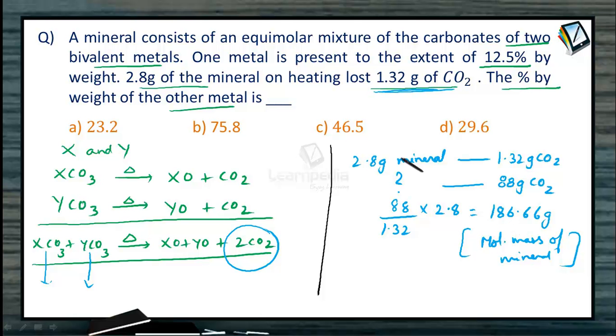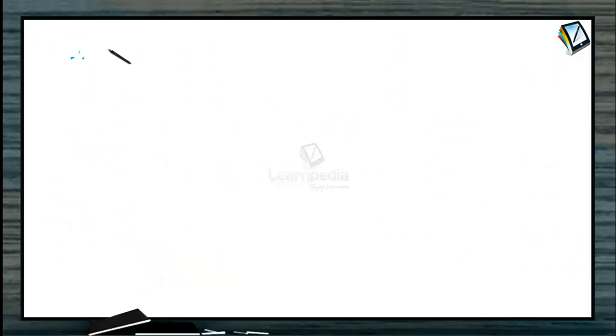And here it is clearly given that the percentage of one metal is 12.5. So the weight of X is equal to 12.5% of the total mass, that is 186.66. And this value comes to be 23.33 grams.